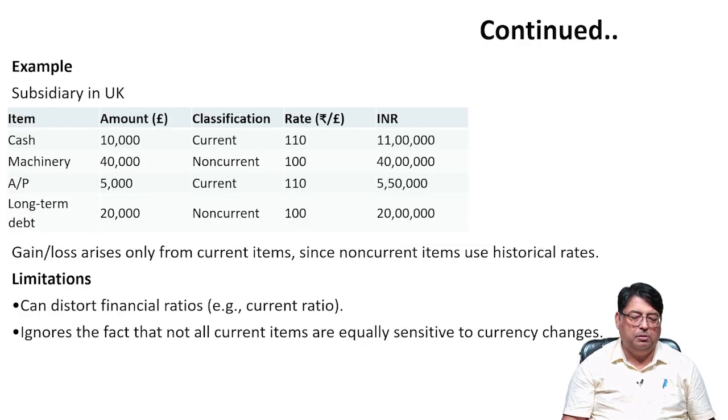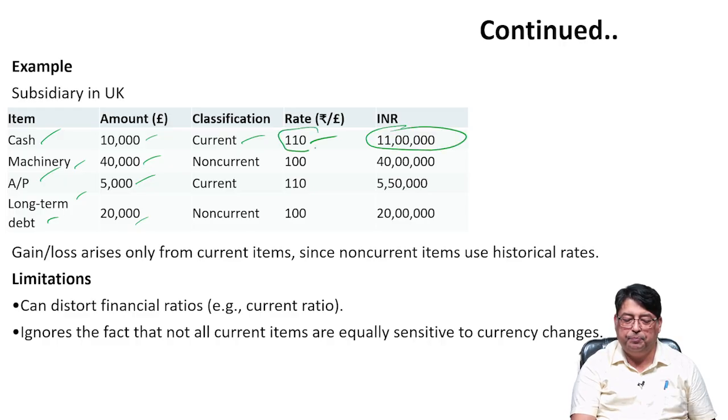For example, in a subsidiary in the UK, these are certain items of the balance sheet, and let us see in what manner they are translated. Cash is showing £10,000, machinery 40,000, accounts payable 5,000, and long term debt similarly. For current items like cash, the exchange rate shown is 110 rupees, so it is convertible at the current rate.